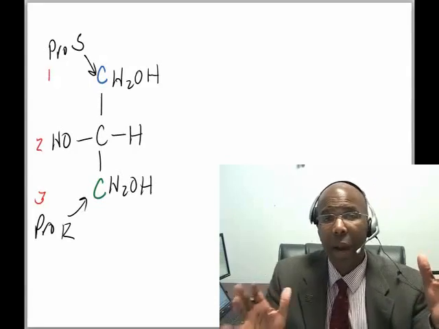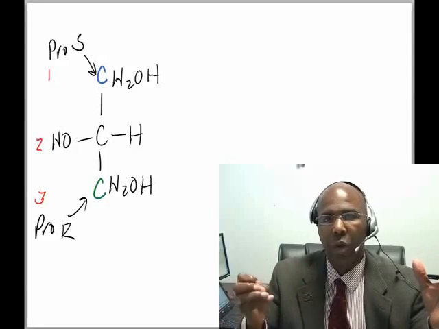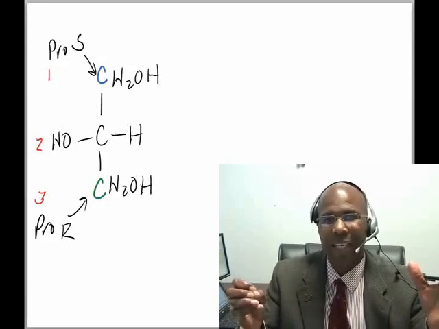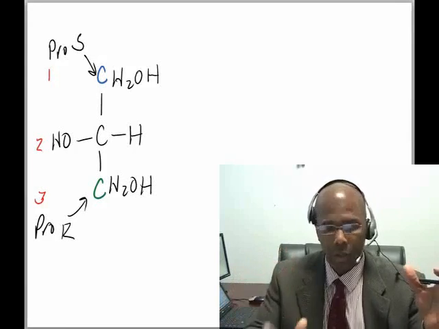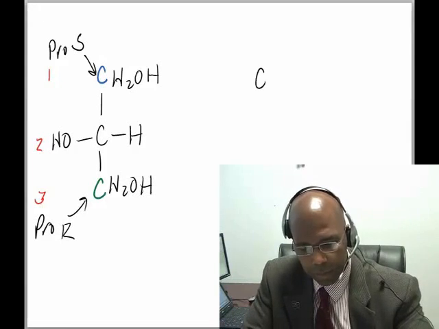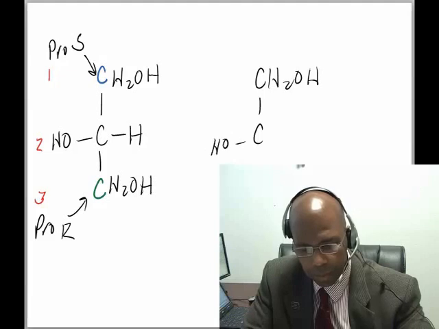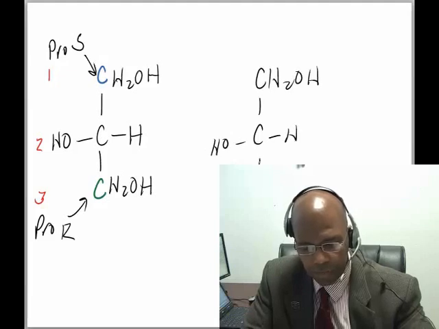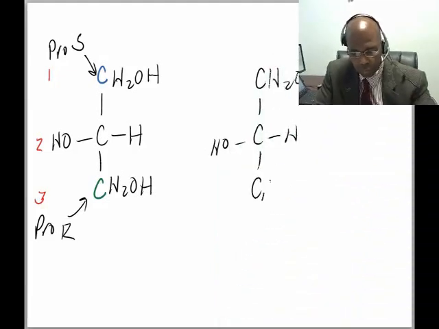And in our body, the glycerol phosphate is going to be R. And so that means, CH2OH, that means that the phosphate needs to go on the 3 carbon.